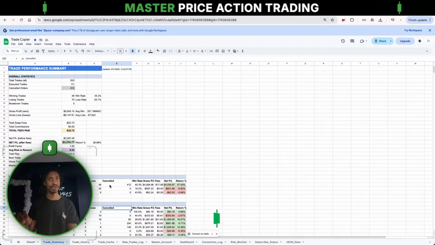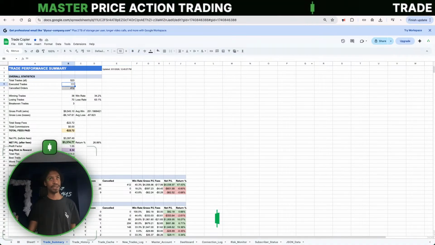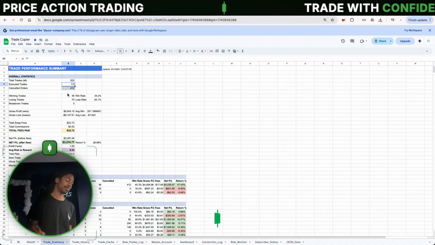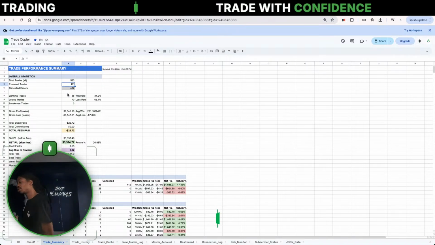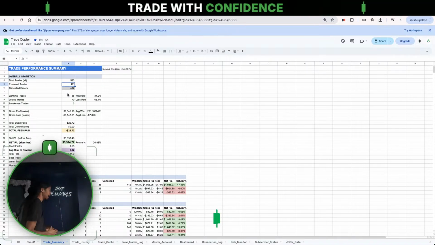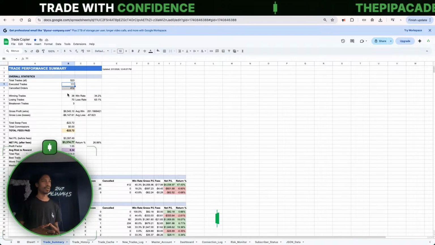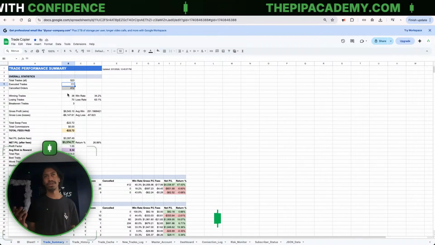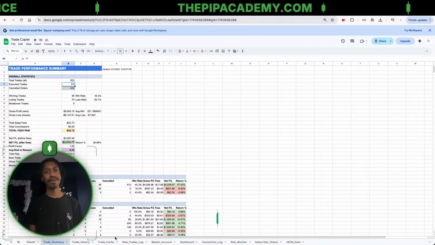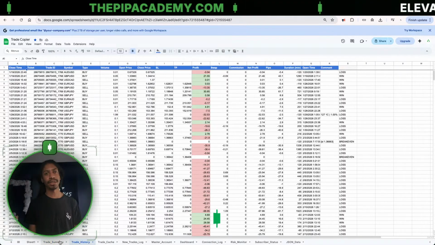Ultimately this many trades were taken, and they are manual orders and pending orders, whichever ones got triggered. Everything would be documented here though.